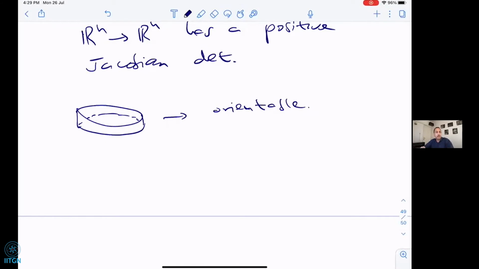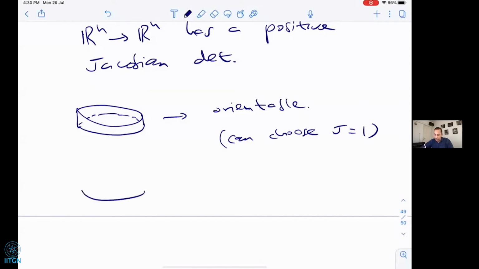So I can draw my open sets on that and make my charts which take me to R2, because it's a two-dimensional surface. Then I can consider, let's say, all of the cylinder minus one end, and all of the cylinder minus the other end, and look at the overlap functions between these two charts, and I'll find that the Jacobian is very simple. It can actually be chosen just to be 1. So we can choose an atlas for which the Jacobian is 1.